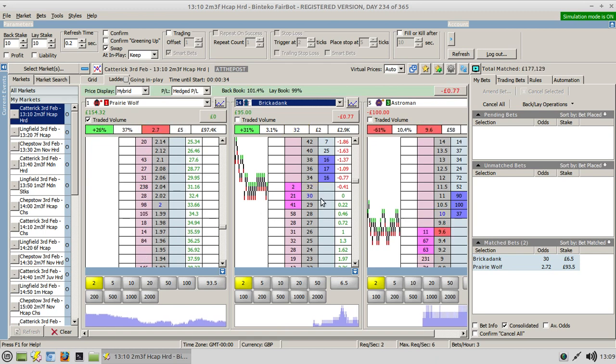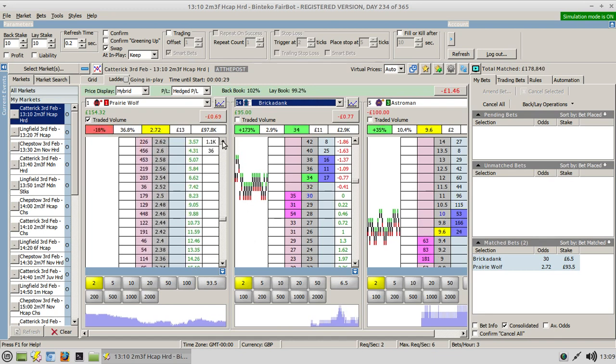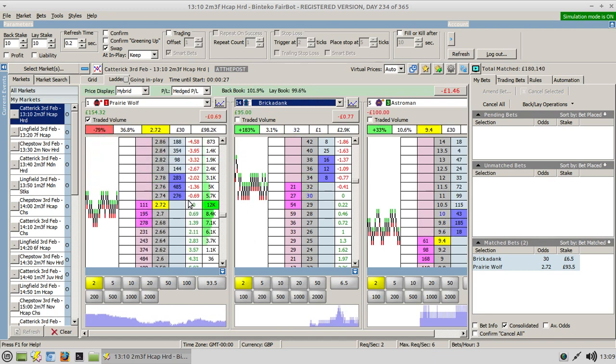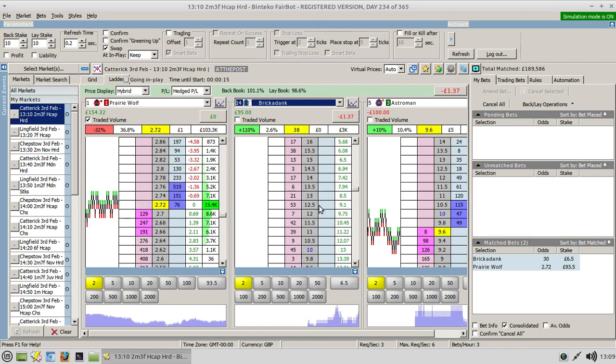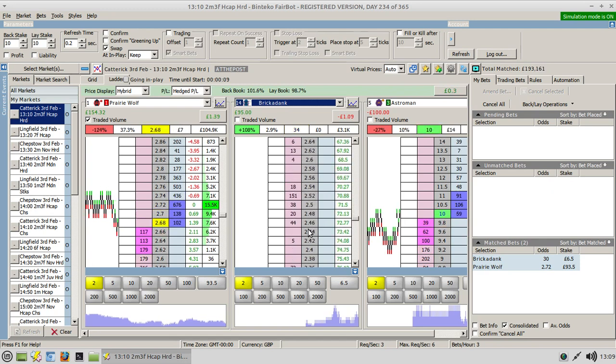Now the interesting thing is, if the reverse is true, let's say Prairie Wolf stayed at 1,000 during the race. He hovered around the 2.7 mark during the race, and it was Brickadank that we were relying upon. He needs to recover £93, so he's going to have to go all the way down to much the same level as we saw before.